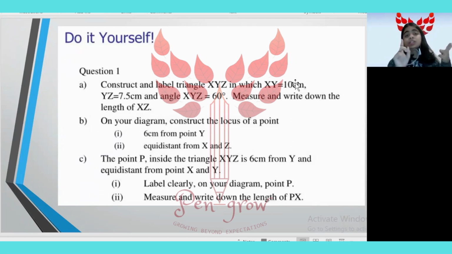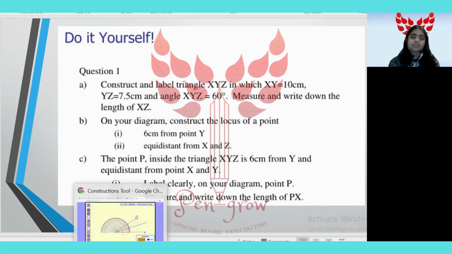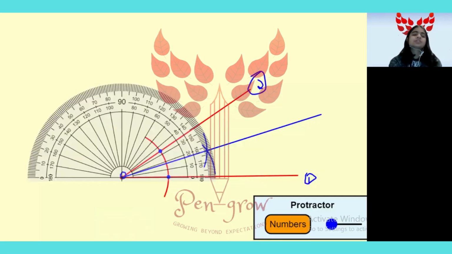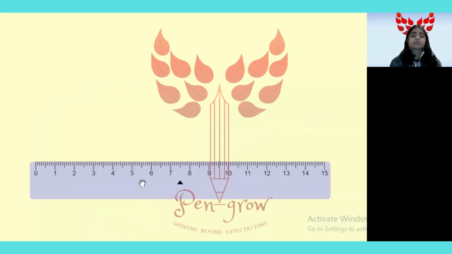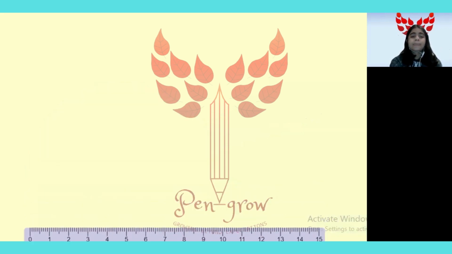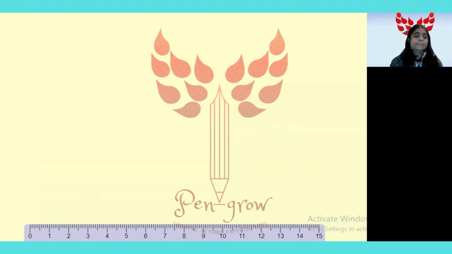No use of protractor, no use of compass. Up till now, first you only need to make a baseline of a triangle. So let's make a line of 10 centimeter. I hope it fits in the diagram. Okay.